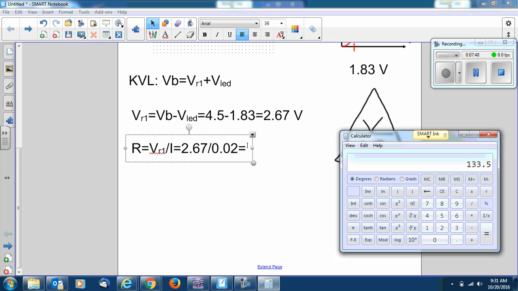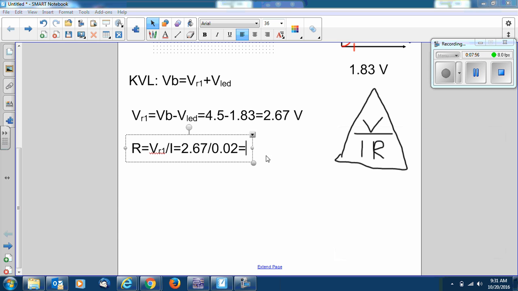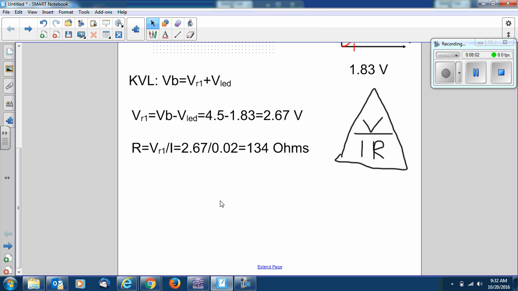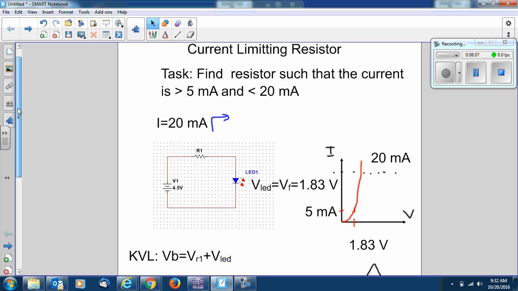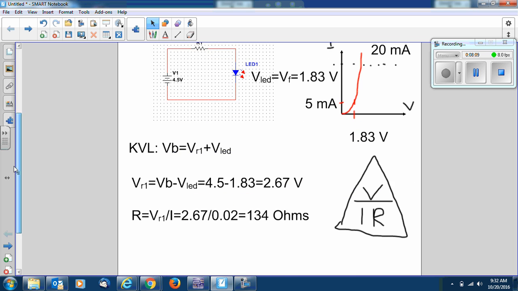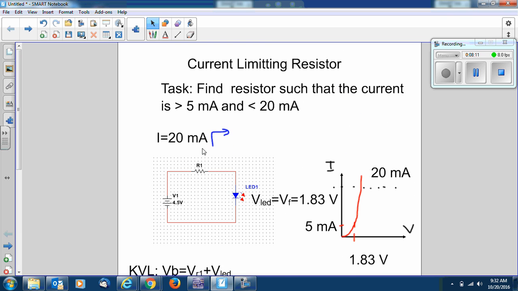So I need to round this number up, 5 rounds up, so this is 134 ohms. All right. So that is my current limiting resistor in its very simplest form, in the very first circuit that we guys built.